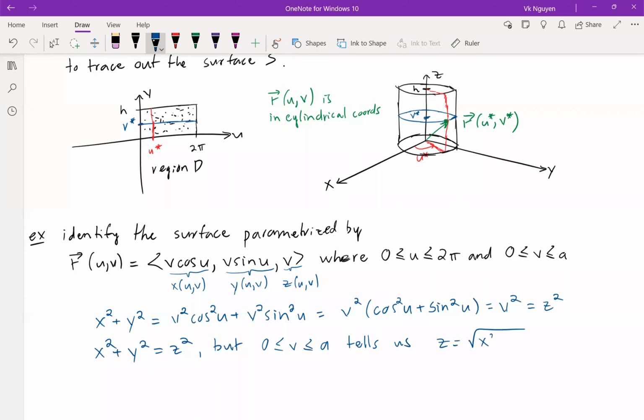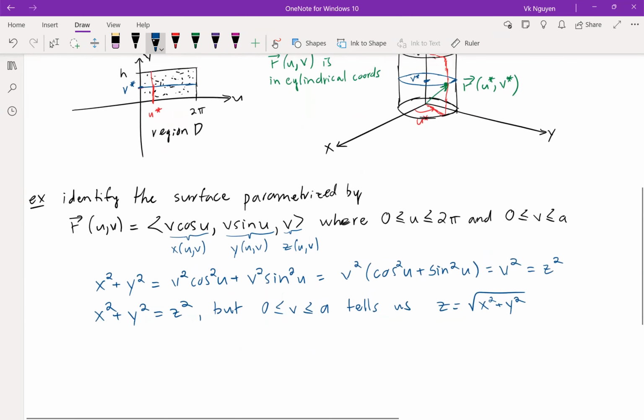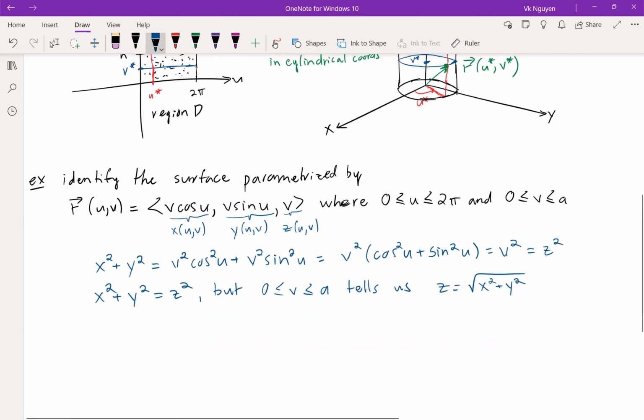So z equals root of x squared plus y squared. This is a cone here. This vector function parameterizes a cone.